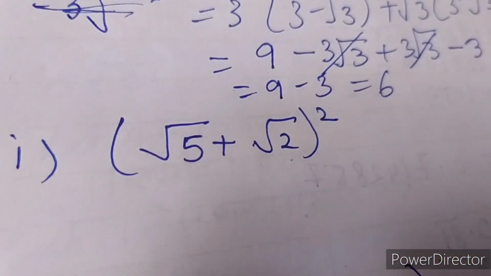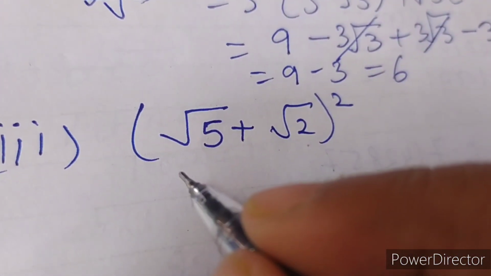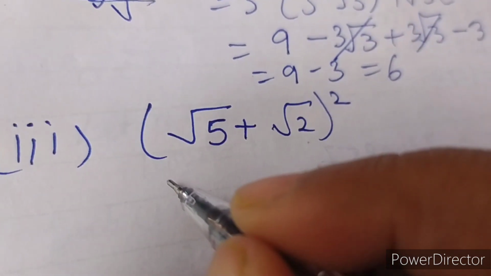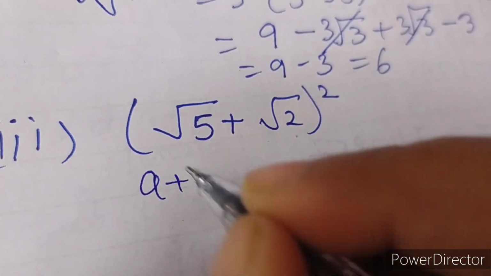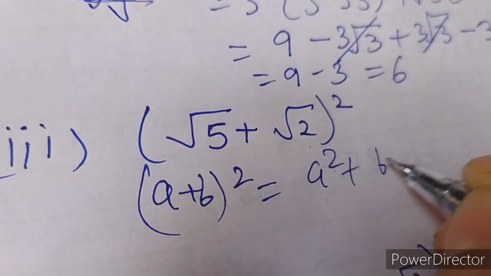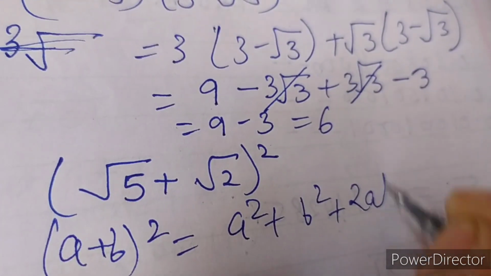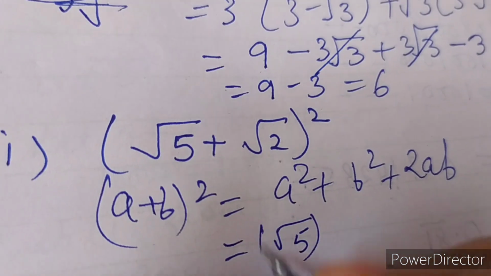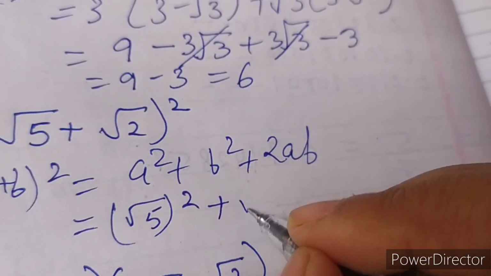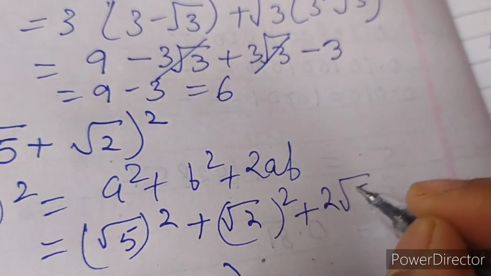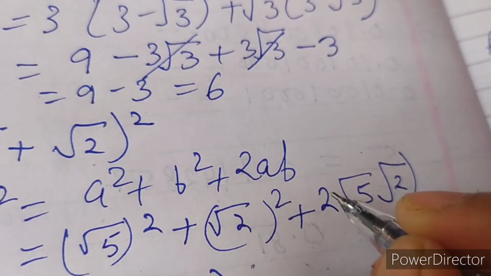Now you have to square this expression. The formula used will be a plus b whole square will give you a square plus b square plus 2ab. So we'll write a plus b whole square is equal to a square plus b square plus 2ab. Now a is here under root 5, so under root 5 whole square plus under root 2 whole square plus 2 under root 5 under root 2.